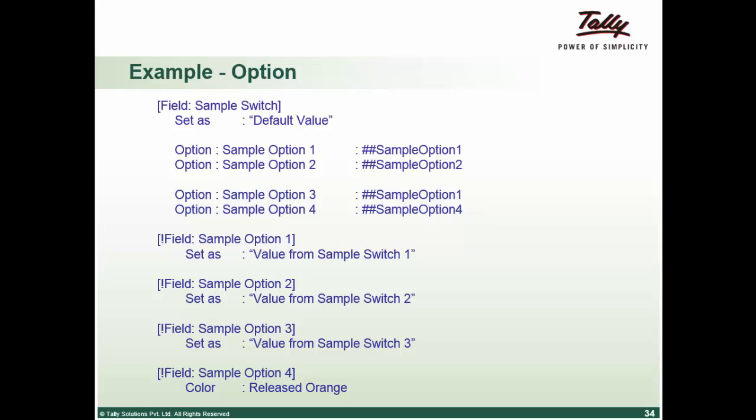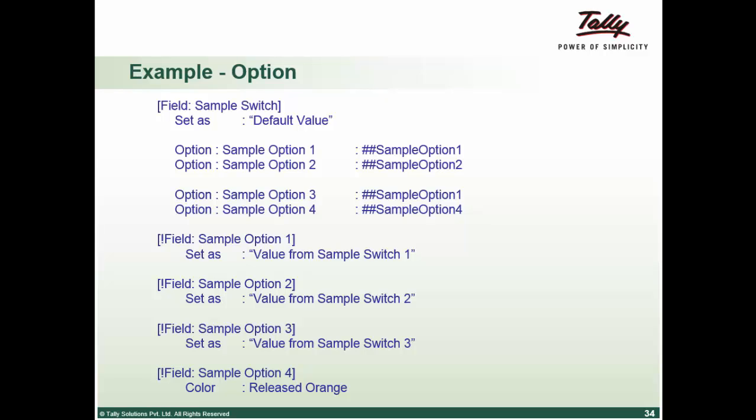So the condition at option 1 is set as value from sample switch 1, so that will get executed, and at 3 also we have a set as. Now this field cannot have two set as, so only the last one, value from sample switch 3, will get executed and 1 will not get executed.